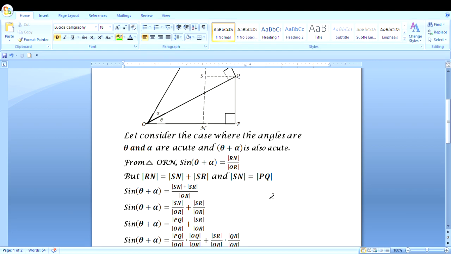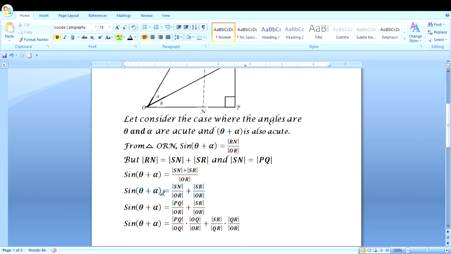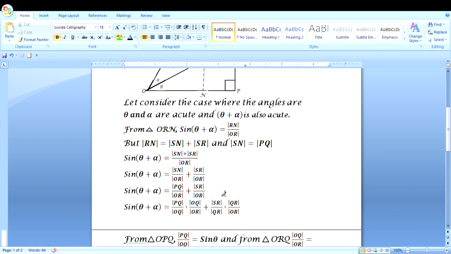Okay, so we can now rewrite this expression that RN is the sum of SN and SR. So here, this can be written as SN over the line OR plus SR over OR. But recall that SN is the same thing as the line PQ. So this becomes PQ over OR plus SR over OR.